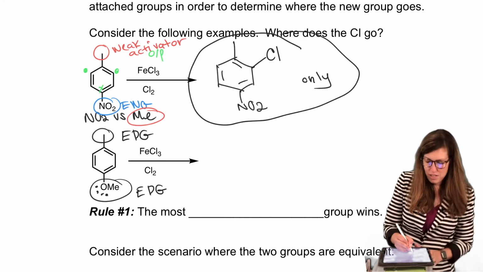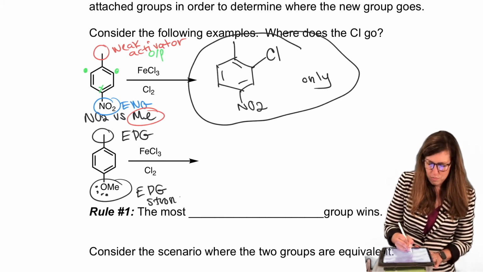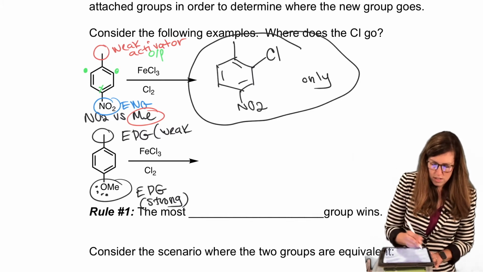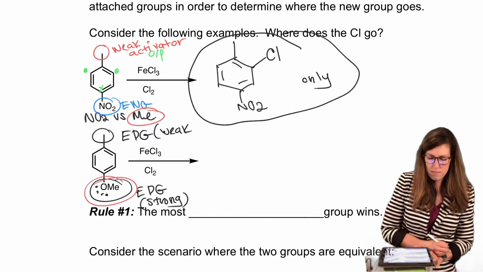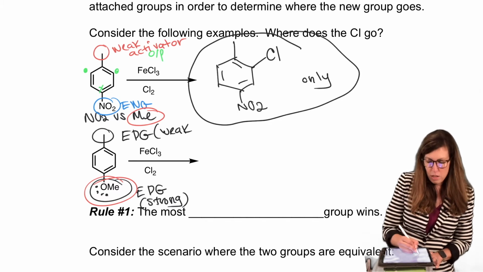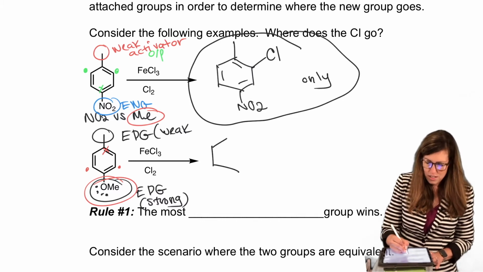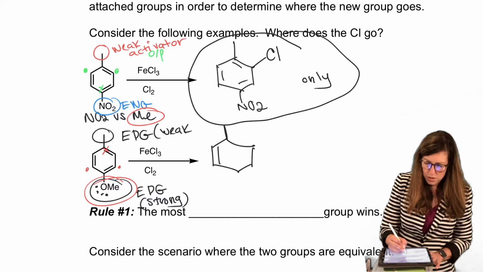Ethers are at the top. Therefore, this is a winner. It wants to be at the para position, which it can't be, or the ortho positions, which it can be. So it ends up ortho, instead of to the methyl this time, to the ether.